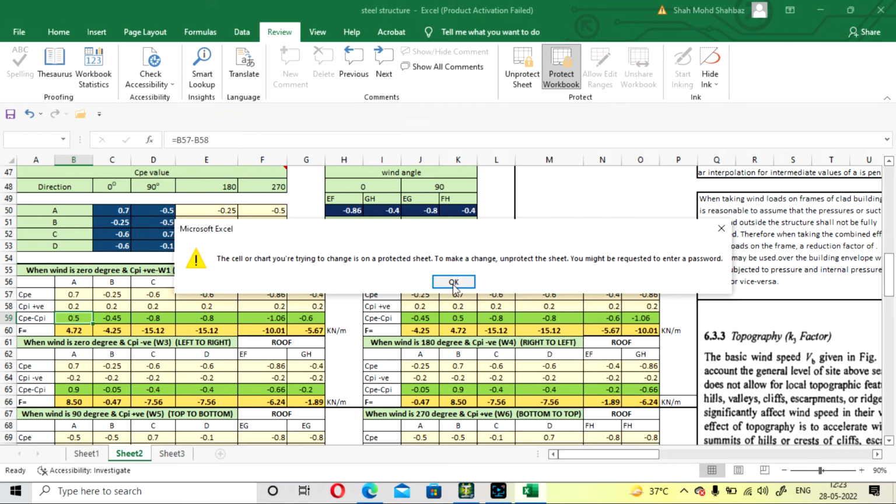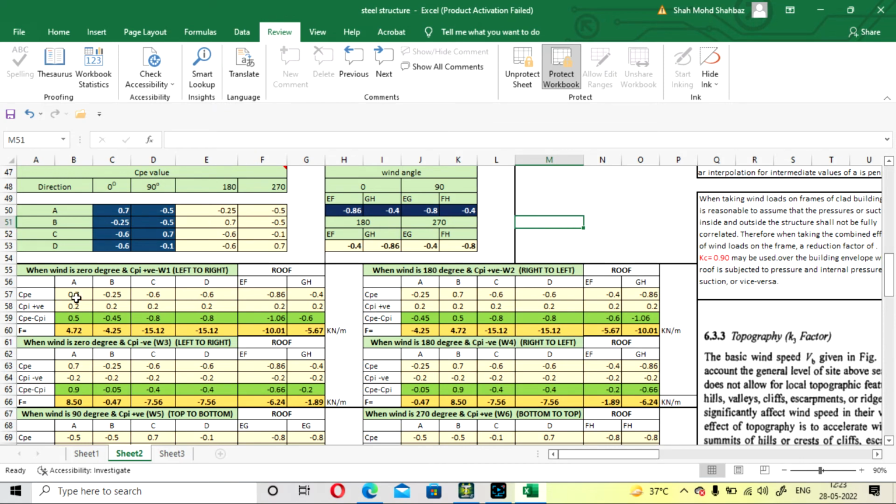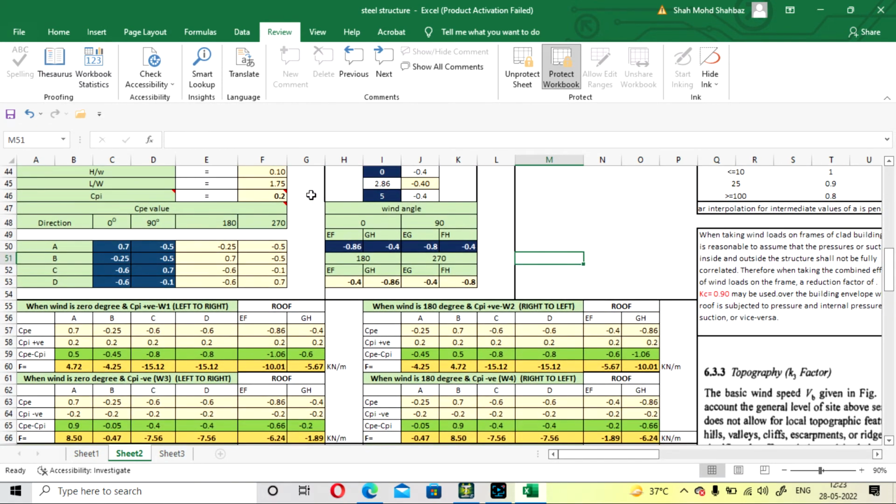Here we are subtracting the larger from the smaller value as CPE value is larger and CPI value is smaller. But in a case where your CPI is greater, you have to again subtract the value from larger to smaller. And this minus sign only denotes the direction. It is nothing. You don't need to add it in the calculation.